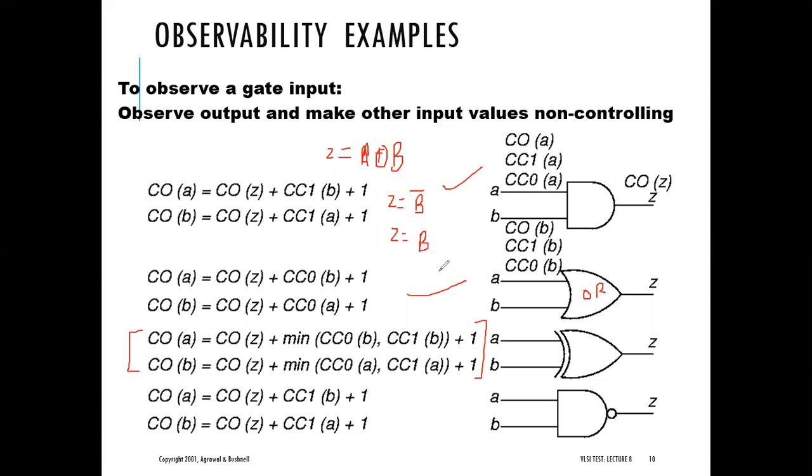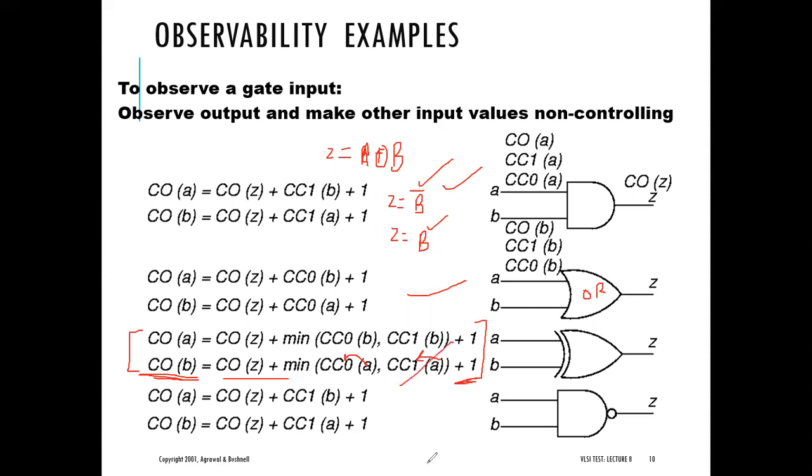So in both of the cases, you can propagate this like this. So COB is equal to COZ, you put A is equal to 0 or A is equal to 1, and plus 1 for the increase in the level simply.